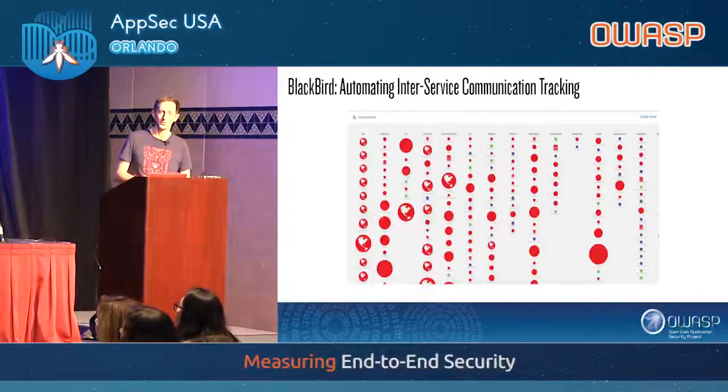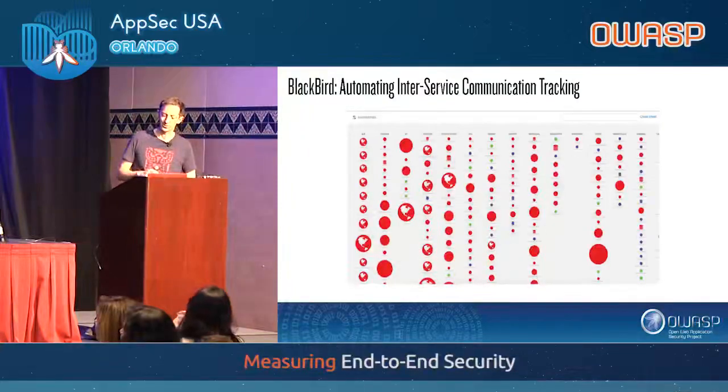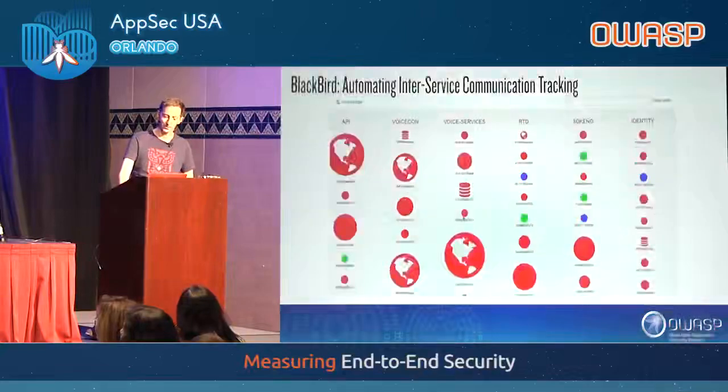This is an overview. We've sanitized the data a little bit here of our various products with each of their microservices. The globes are used for anything internet-facing, a solid dot for internal service, and then we of course have database icons, things like that.